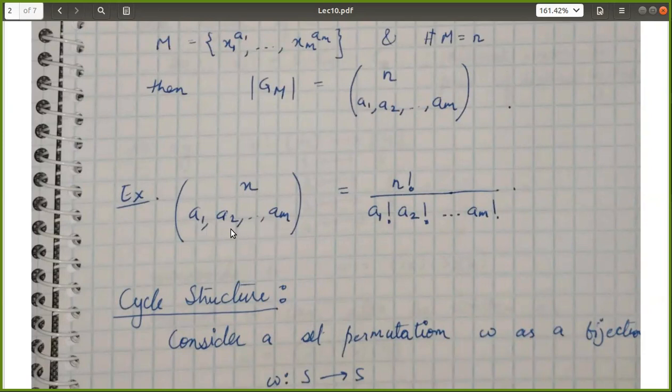If there was a Q here, then these would have been the Q factorial of n, Q factorial of a1, Q factorial of a2, and so on up till Q factorial of am.